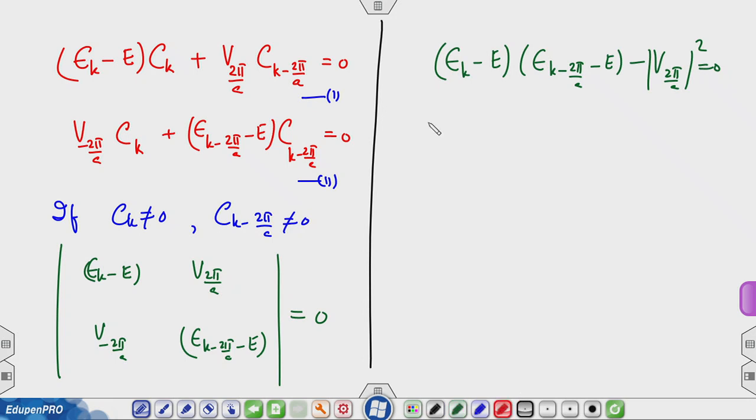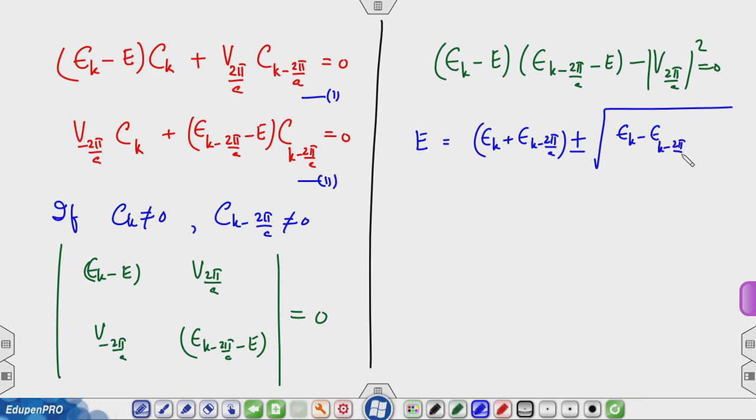This is a quadratic equation, and you get E equals [epsilon k plus epsilon k minus 2π/a plus or minus the square root of (epsilon k minus epsilon k minus 2π/a) whole squared plus 4 |V 2π/a| whole squared] divided by 2.